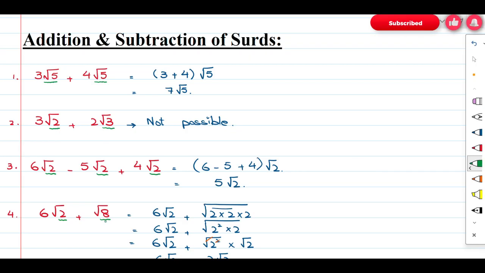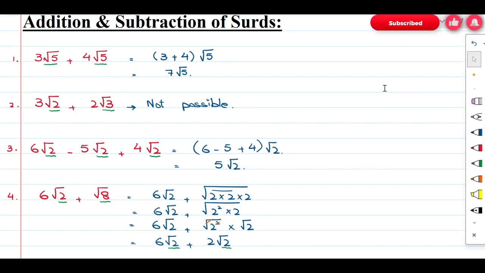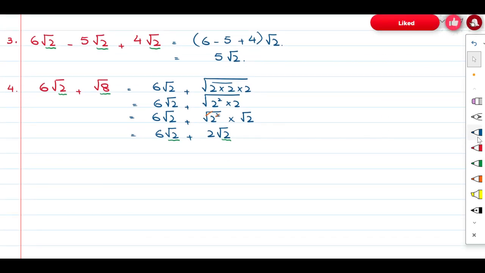Here we can decompose 8 and convert it into a square root of 2. Now we can take 6 plus 2. Let me take root 2 common. 6 plus 2 is 8, so 8 root 2. This is the simplified expression for this surd.